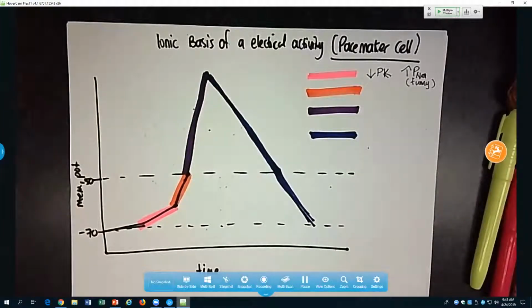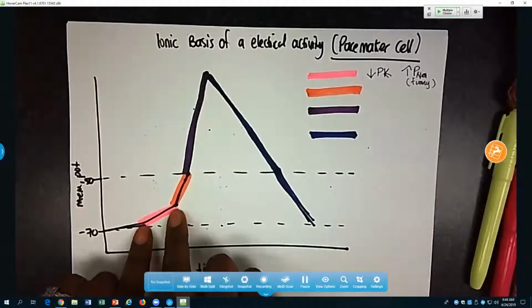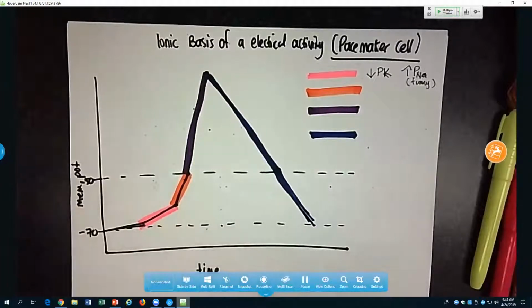Okay. And that allows the membrane to begin depolarizing. So we can see that happening here. That initial upstroke is going to be where the membrane leaves rest, so it starts approaching the equilibrium potential of sodium, which is positive. So it's going to start depolarizing and start becoming more positive.